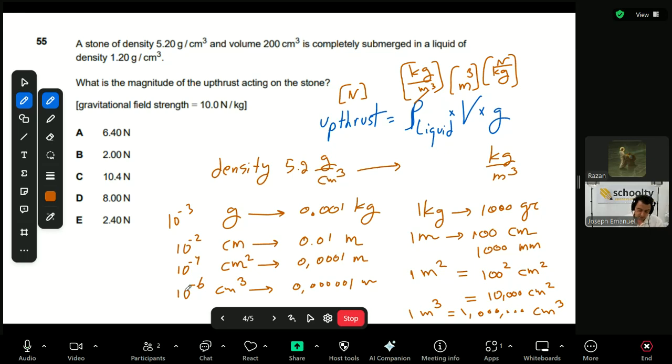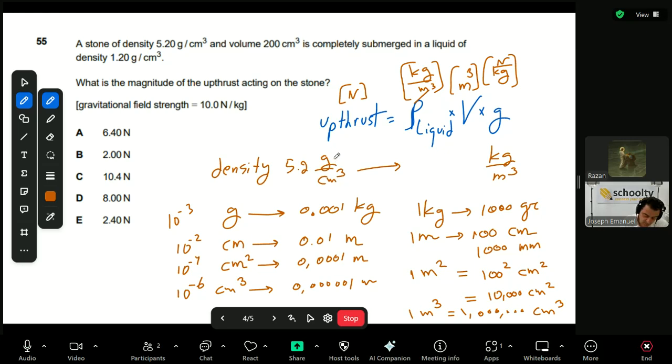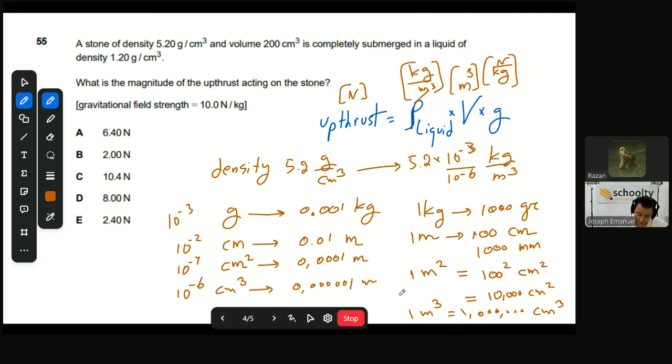Okay, so what do we have here? That's for division. To multiply, it's without the minus. So you have 5.2. The kilogram is minus 3, and here you have minus 6. The total is minus 9.